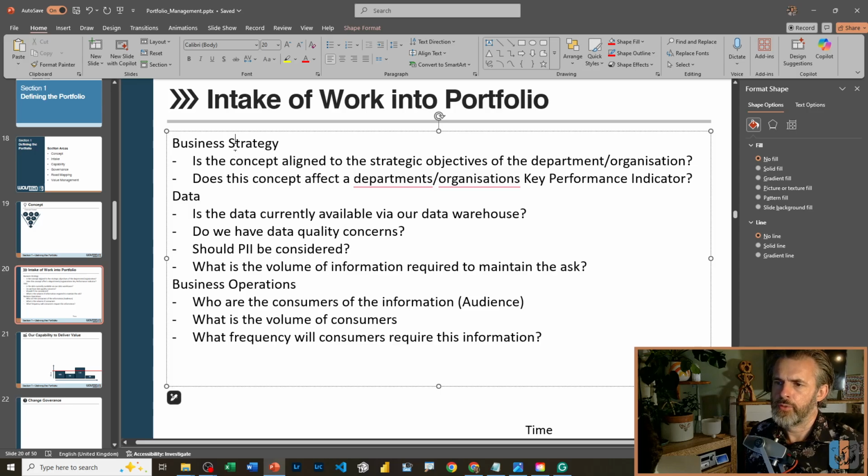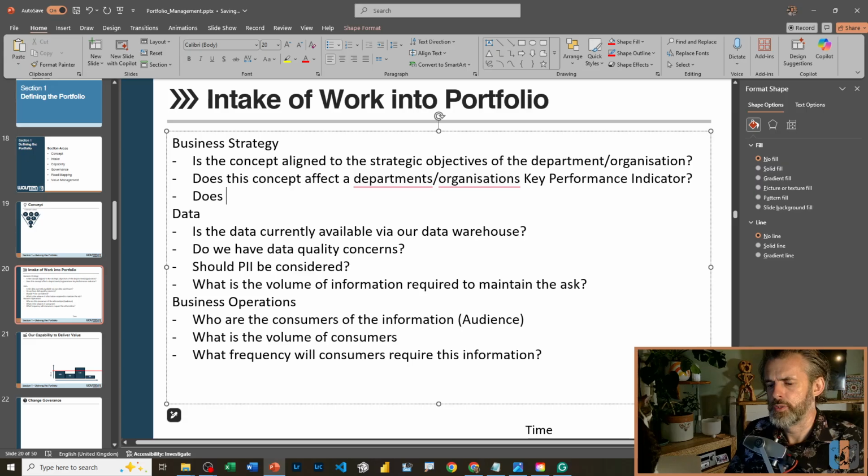I've thought of another one for this kind of business strategy. Does the concept generate revenue?